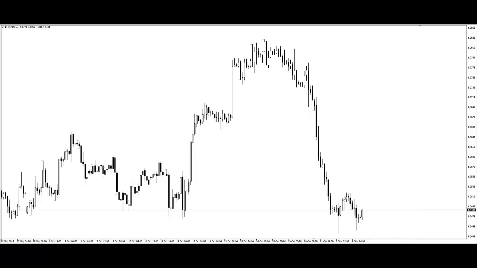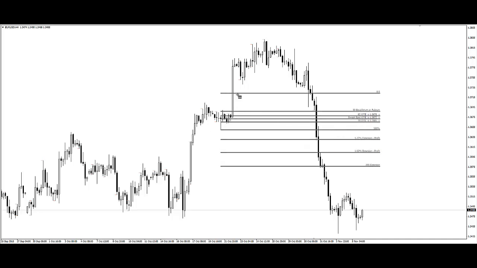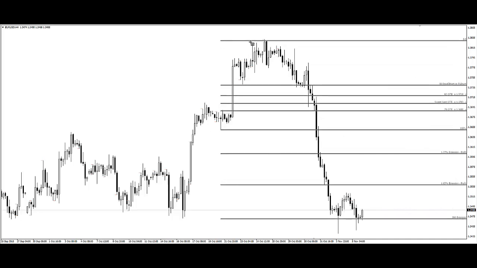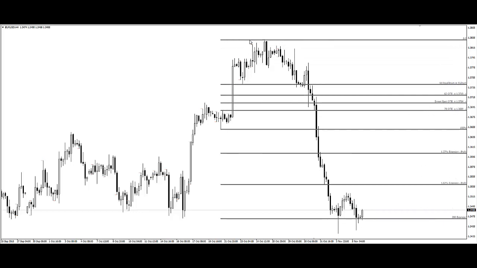Okay, and what we're going to look at here is that market moving lower here. We have this swing up. So there's going to be a fulcrum point right here. And I'm going to give you the fib projection right here and the 200 levels down here.